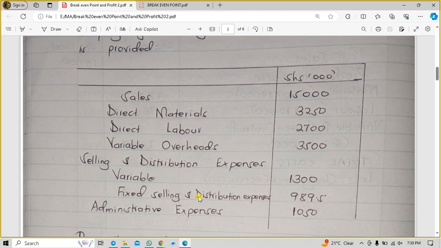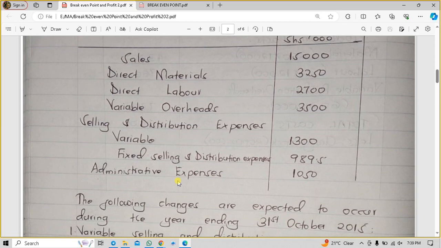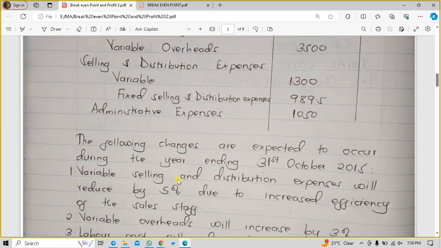Fixed selling and distribution expenses, we have 989.5. Administrative expenses is 1050. Then you are told the following changes are expected to occur during the year ending 31st October 2015. So we are expecting some changes in the company.